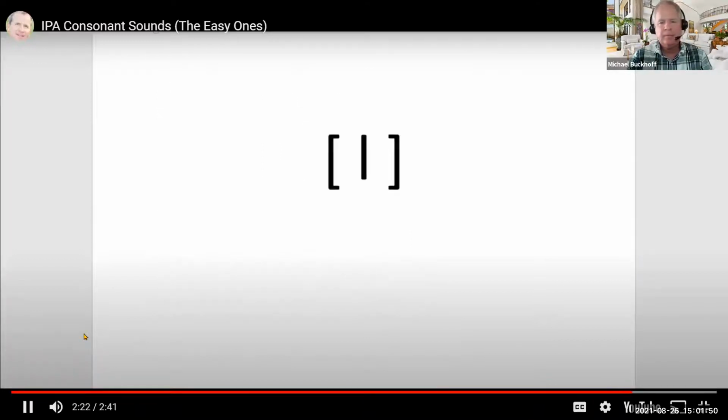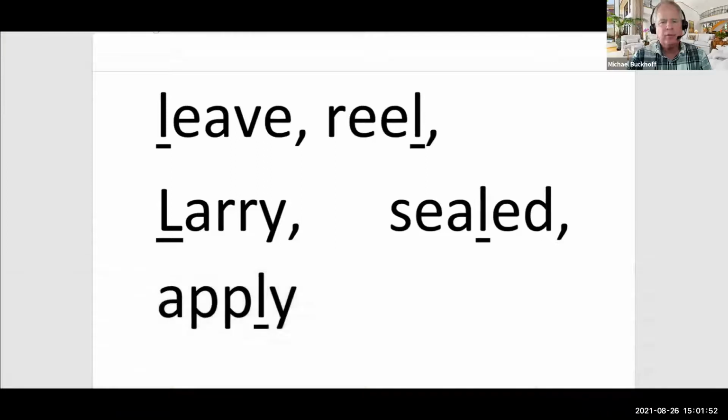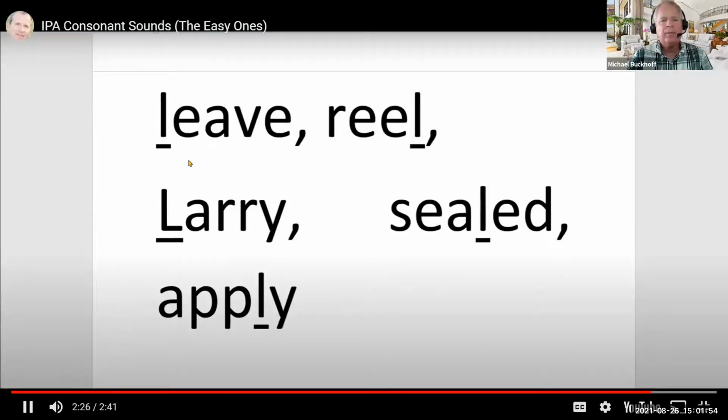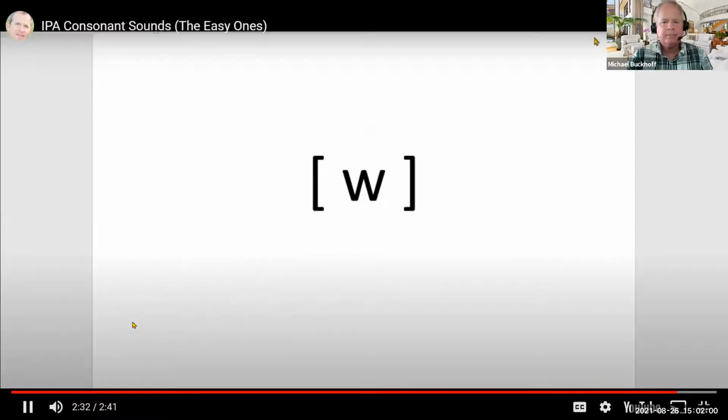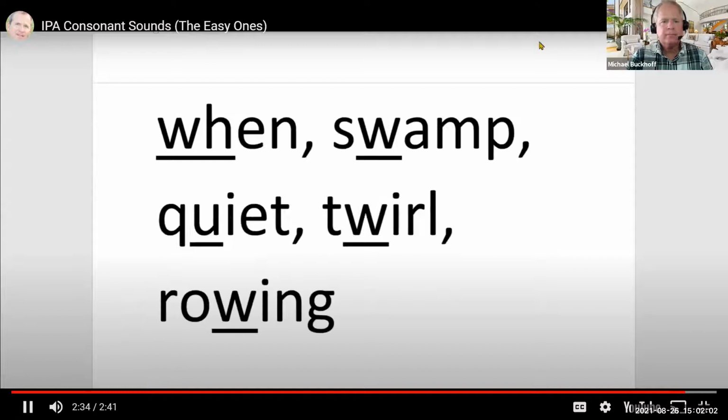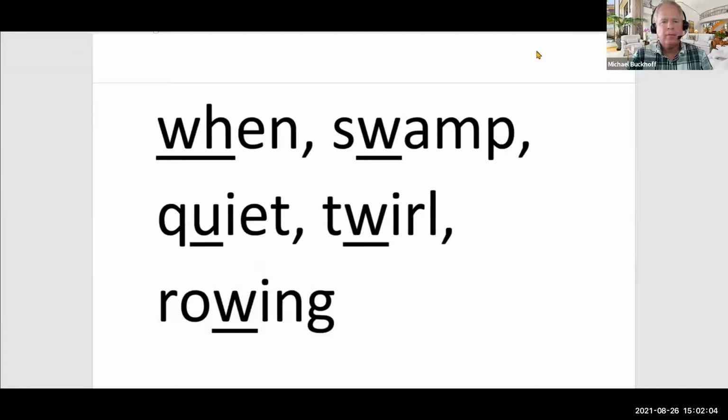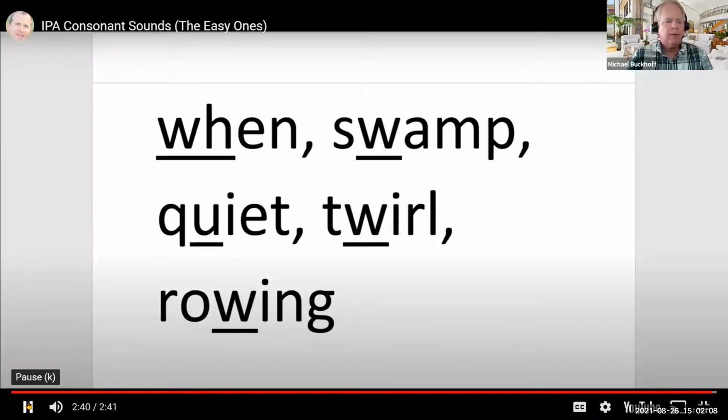L: leave, real, Larry. Very straightforward sound here in its spelling. W: win, swamp, quiet, twirl, rowing. I probably should have put this one in there to at least show it to you.